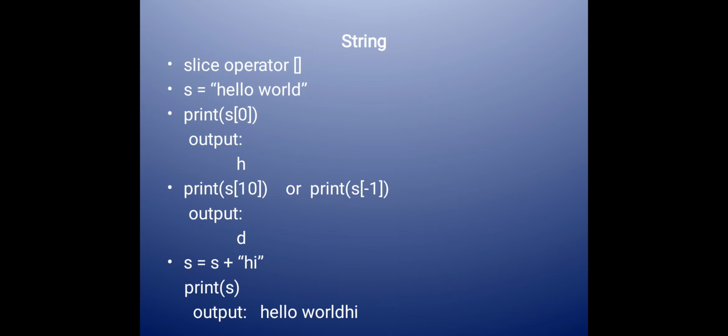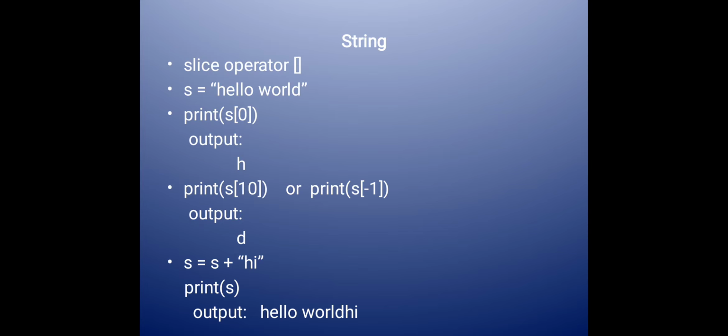S of 10 is d, that you know. If you start the indexing from the right end of the string, the first letter will be d and the indexing will be minus 1. It will start from minus 1. So print s of minus 1 will be d.